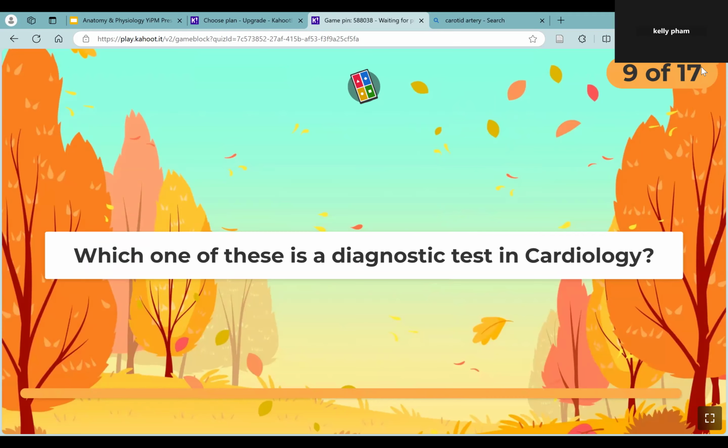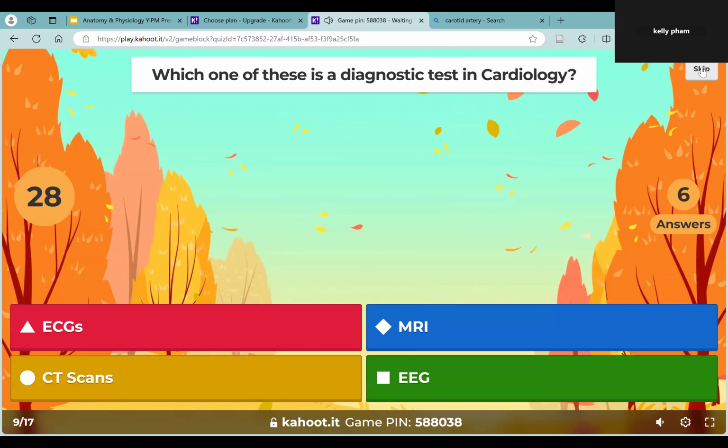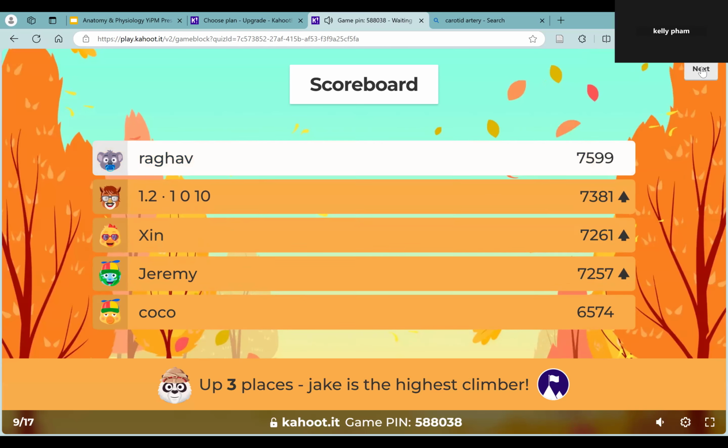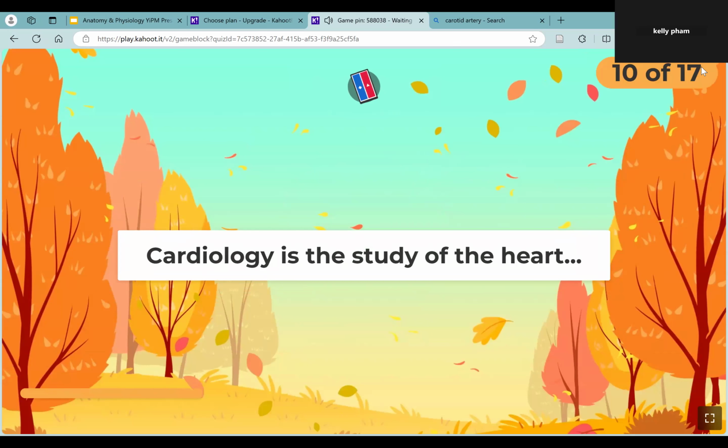Which one of these is a diagnostic test in cardiology? So one of the diagnostic tests in cardiology is the ECG, the electrocardiogram. True or false?